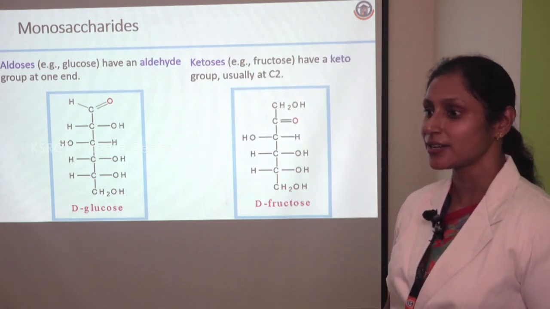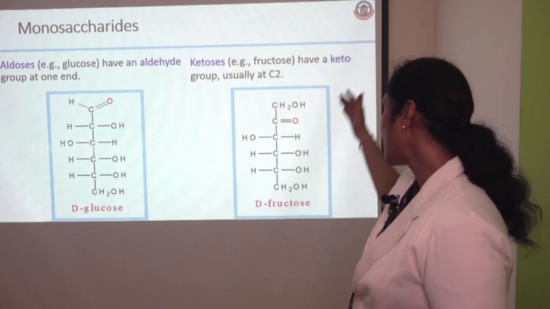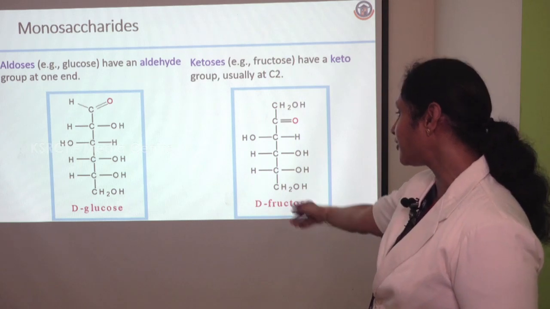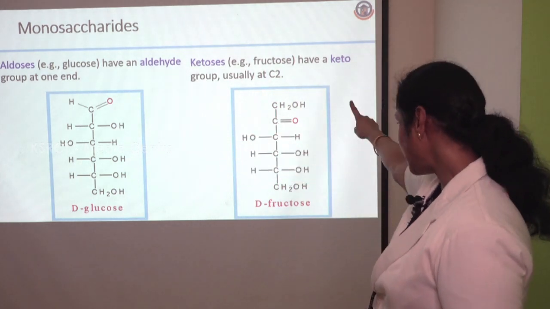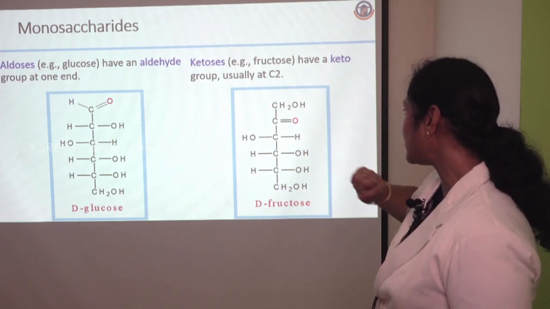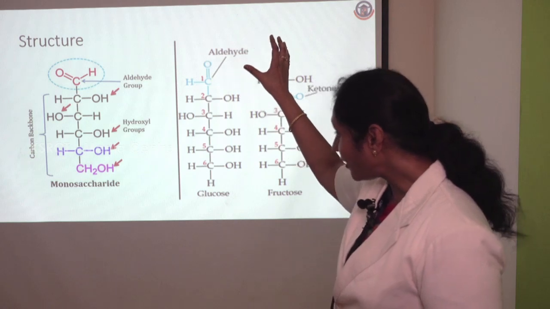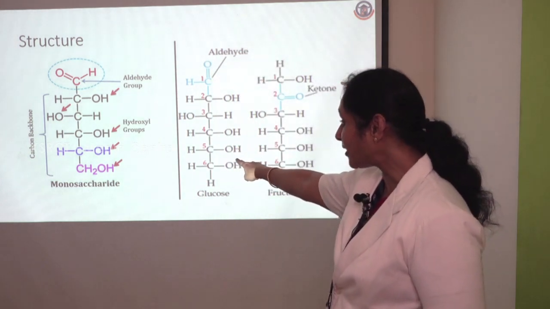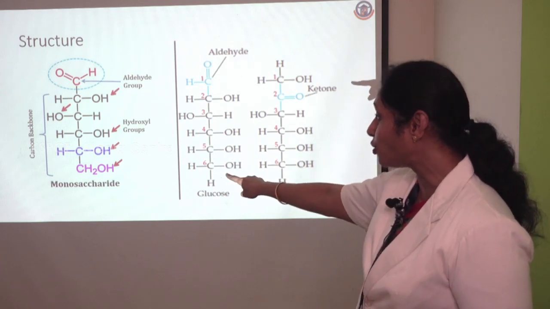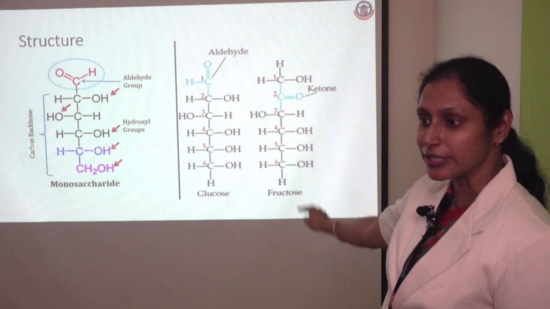Most of the monosaccharides come under glucose and fructose, and this is the structure of glucose and this is the structure of fructose. If you see here, in glucose the first carbon atom is the aldehyde group, and in fructose the second carbon atom is the ketone group. Elaborately discussing the carbohydrate structure, this CH2OH is the primary alcoholic group, and it is a 6 carbon compound, otherwise called a hexose.